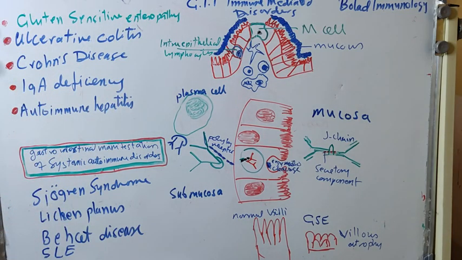For example, T helper 1 cells produce interferon gamma, and as you know, interferon gamma recruits more macrophages, and these macrophages produce tumor necrosis factor alpha and interleukin 1. These are pro-inflammatory cytokines that may lead to inflammation with subsequent scarring and atrophy. And also it could be linked to some human leukocyte antigens, DQ2 and DQ8.